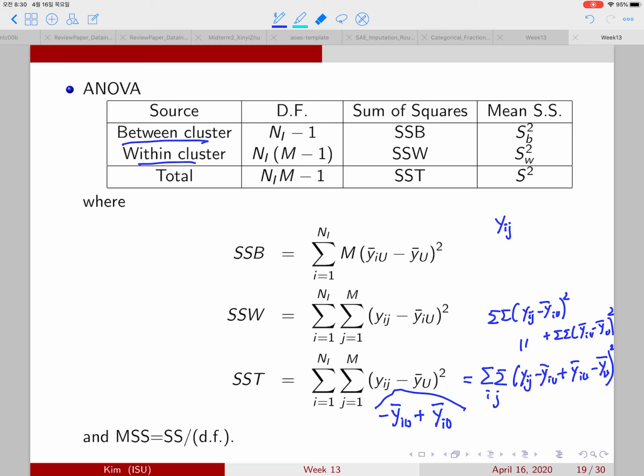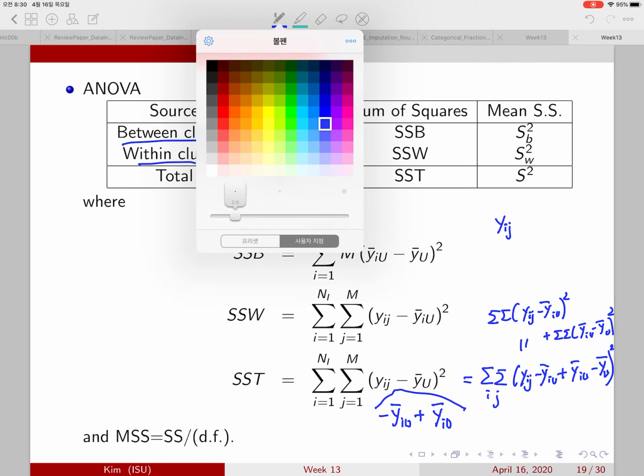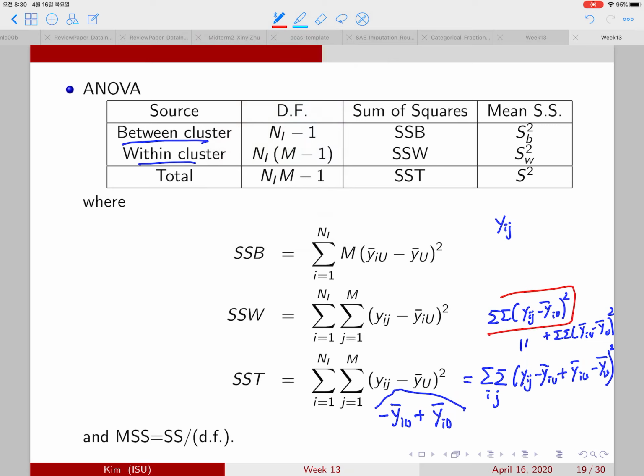So the first term is this within sum of squares, and the second term is the between sum of squares. So basically we have SSB plus SS within equal to SST. So we have this equality, and also we have this equality here.